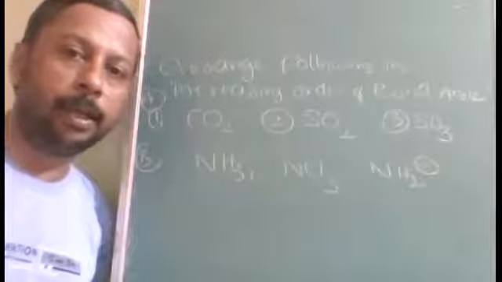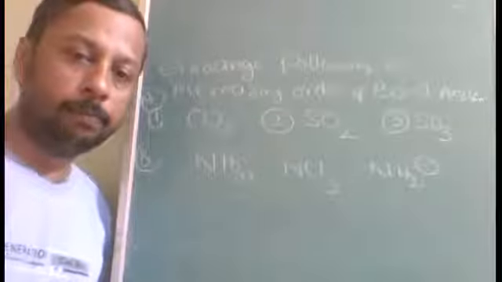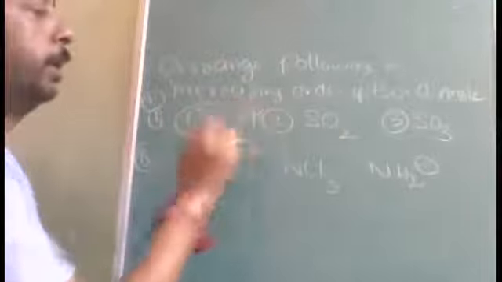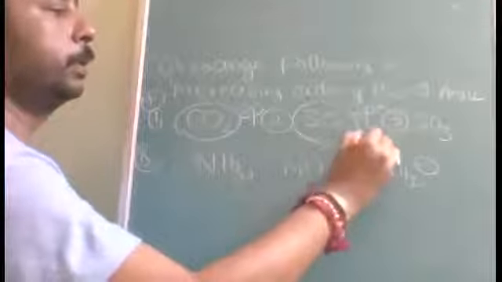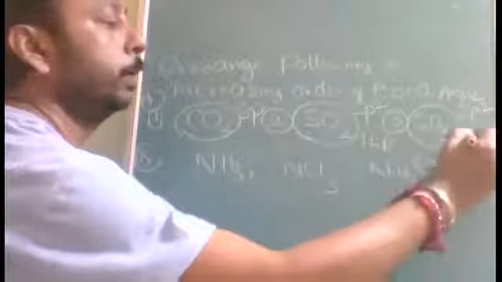Now two more questions related to bond angle only. Arrange them in increasing order of bond angle. See here, I will tell you the answer. Directly, it is sp hybridization. It is sp2 hybridization with one lone pair. It is sp2 hybridization with zero lone pairs.